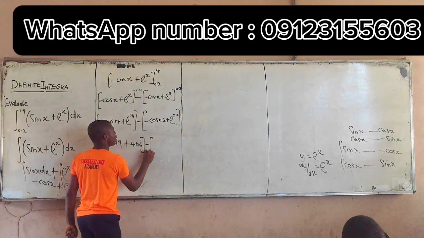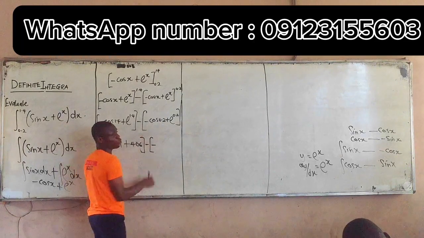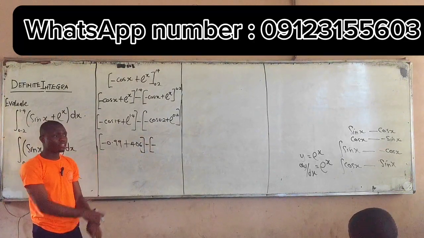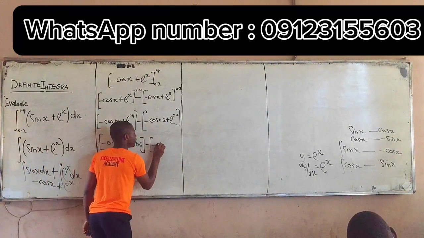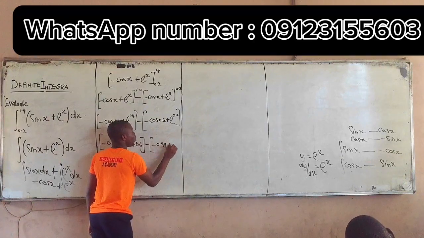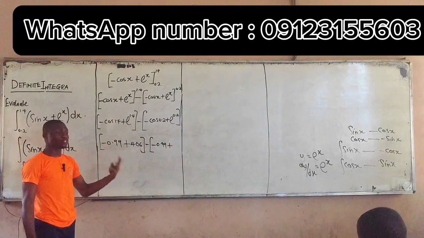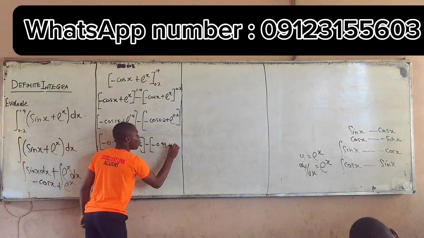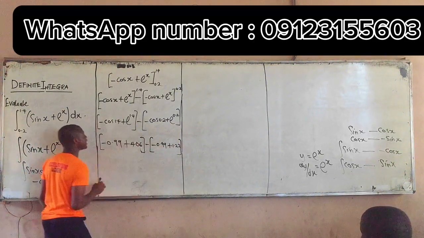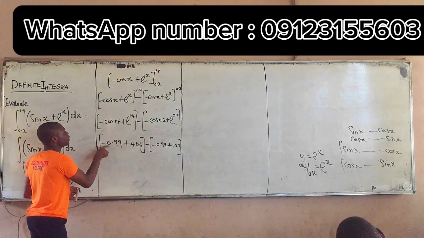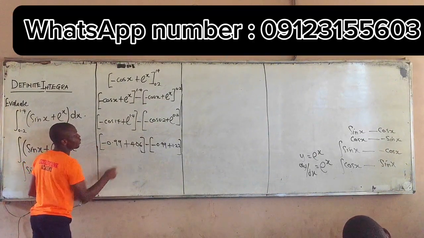Minus into minus cos 0.2. Cos 0.2 is 0.99. Plus exponential 0.2 is 1.22. I'm done with this. Please help me punch minus 0.99 plus 4.006.